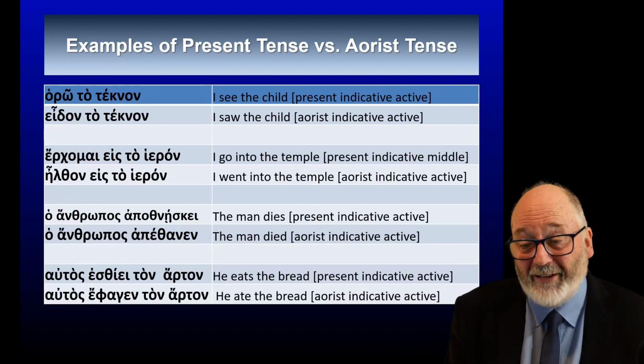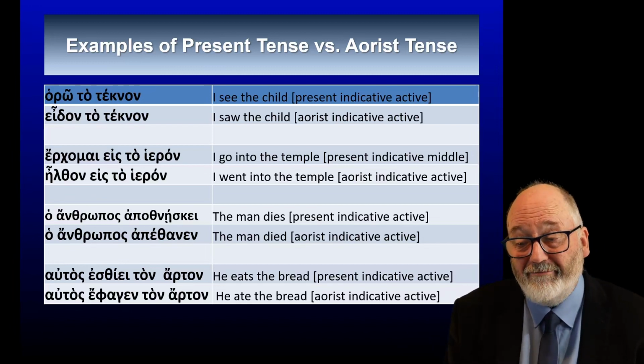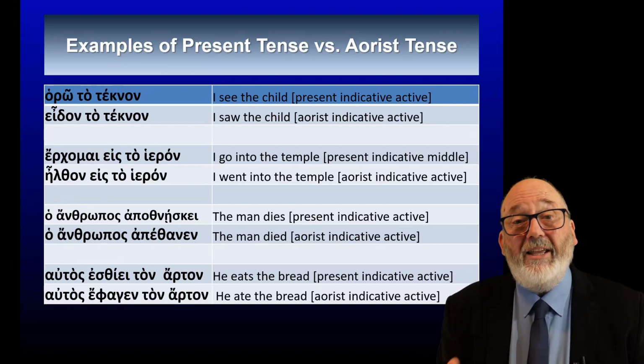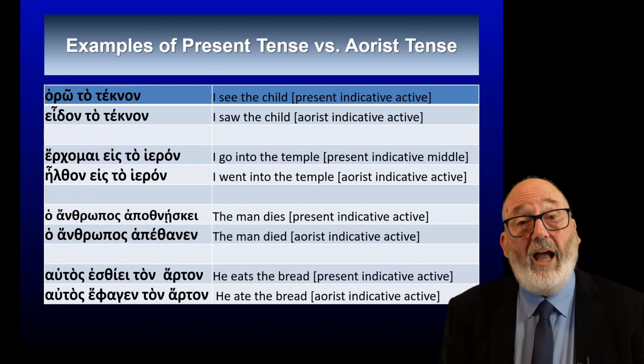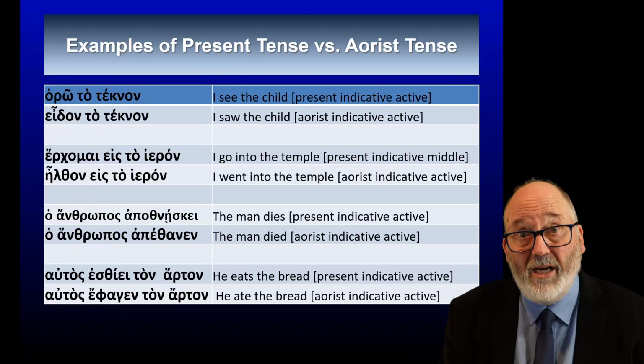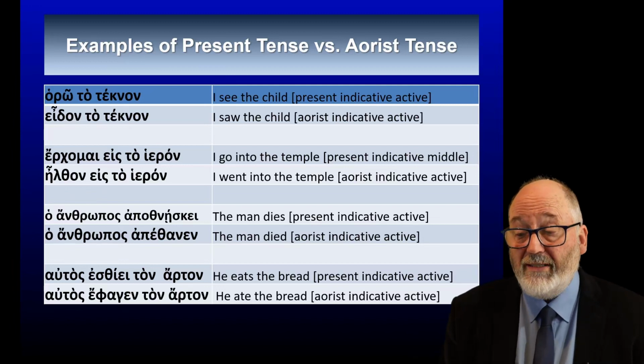So, ho anthropos apothneskei. The man dies, present tense. What is it if it happened yesterday? Ho anthropos apethanen. The man died. Houtos esthiei ton arton. He eats the bread, present. Houtos ephagen ton arton.